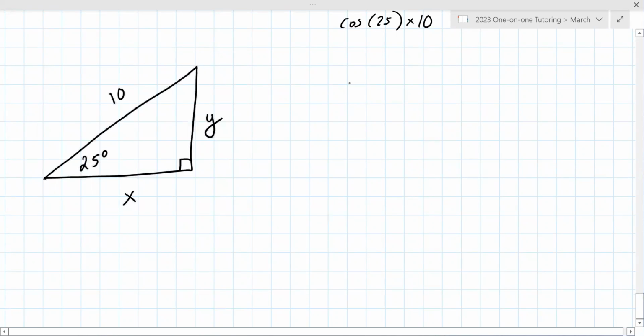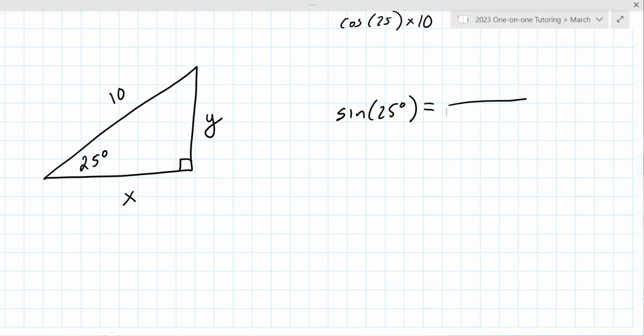So let's do the sine of 25 degrees now. What does this equal in this triangle? What over what? Sine is opposite over hypotenuse.